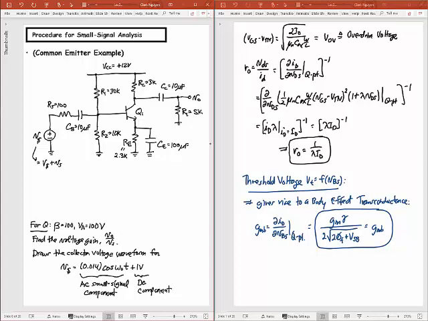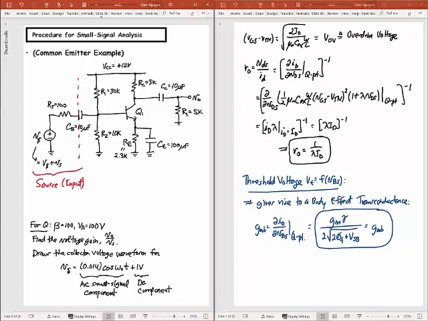But if you look at this thing right here, what we're doing is we have an input on this side here. So this is actually our source. So let me specify this here, all of this stuff here before that capacitor, like that. This is the source, or our input to this amplifier.